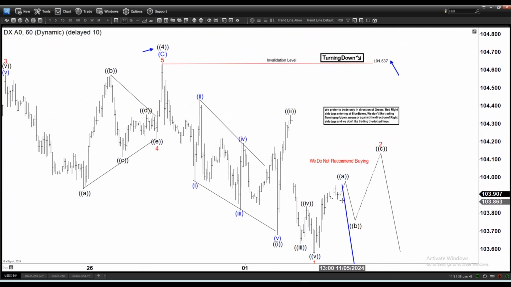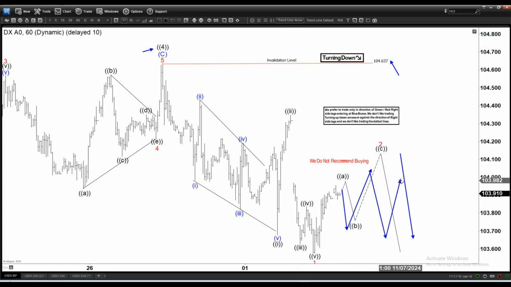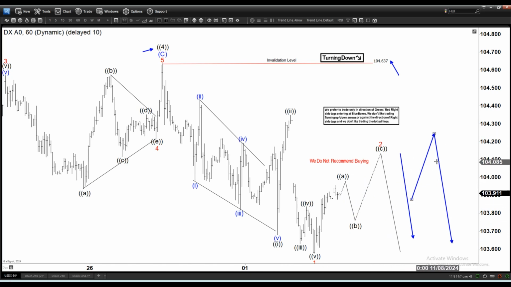So we could be doing a 3-ish pullback like this, 1, 2, 3, ending W, and then you have a pullback like this, and then another 3-ish up, and then lower, right? So you can see there are a couple of different possibilities in the shorter cycle, but all of them basically imply that as long as we stay below 104.60, we like it lower.